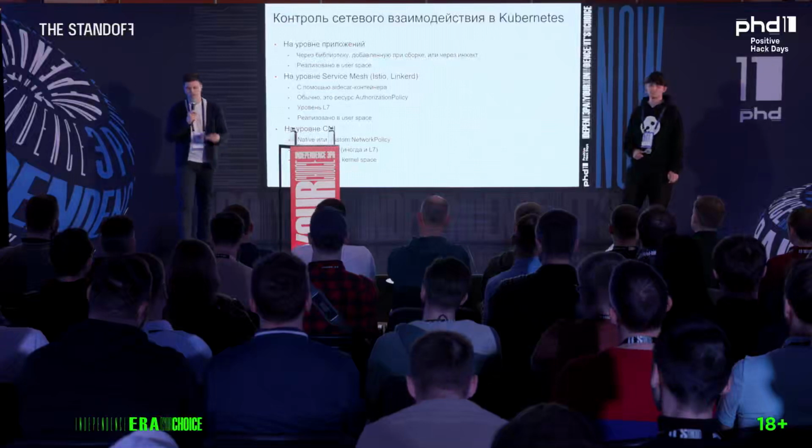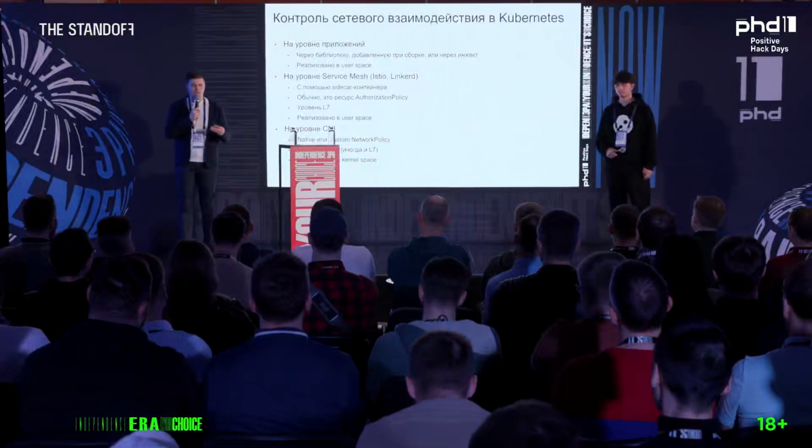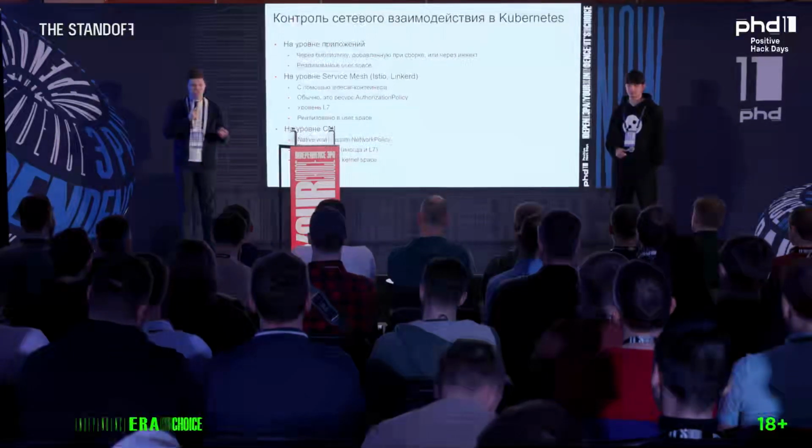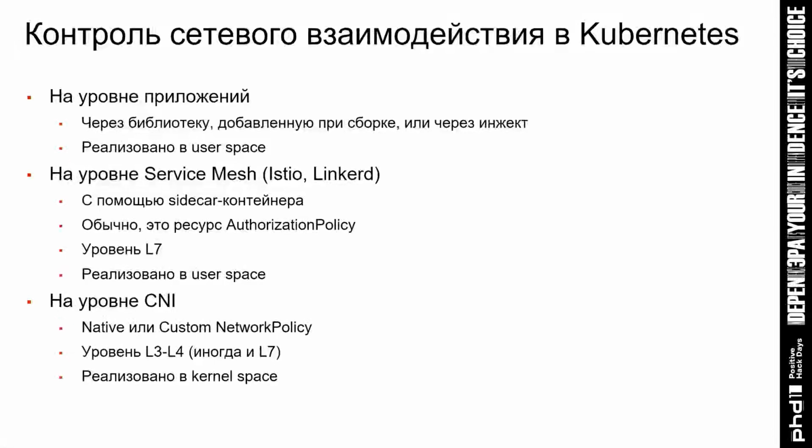And importantly, they are realized on kernel space level. That is, when attacker gets inside the microservice, it works not in a way it works in one level below. So you have to have container escape, and only then on the node level he can be able to manipulate.